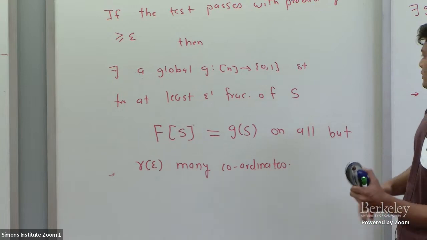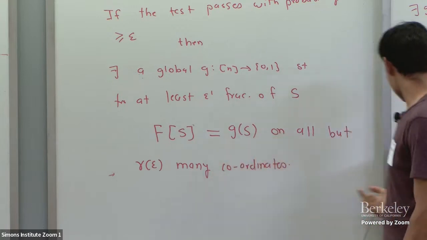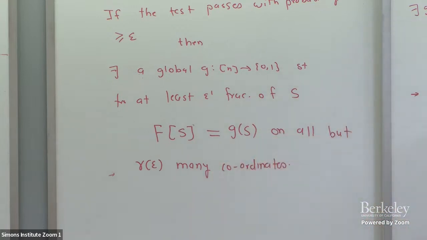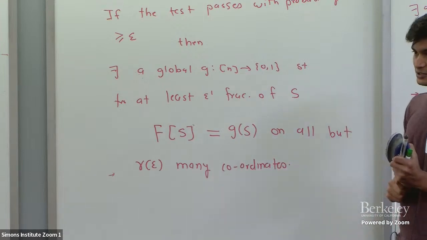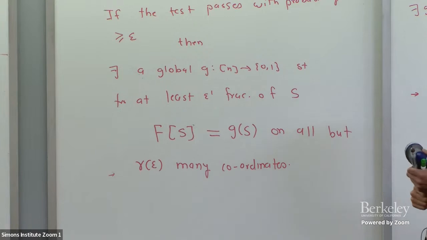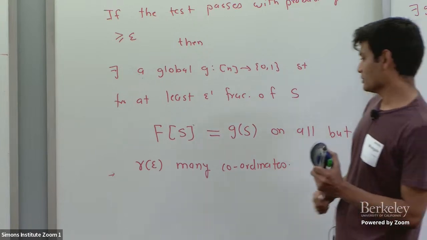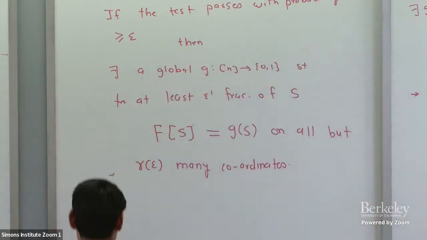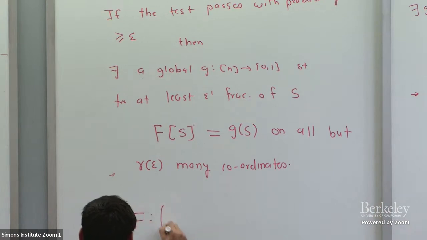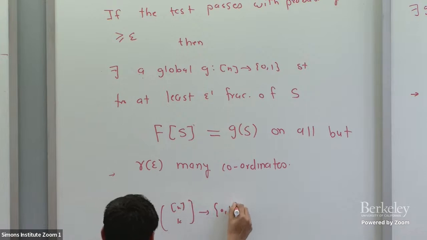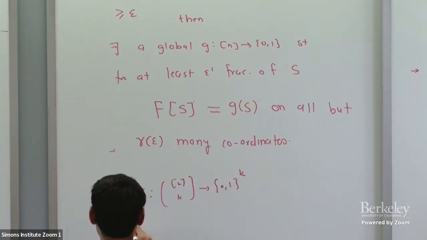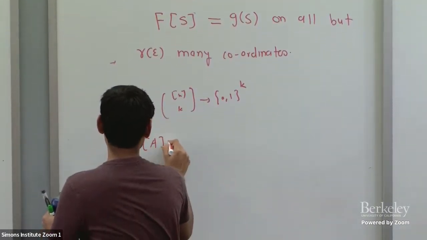And you cannot really hope for such a stronger statement in this regime. The example is very easy to construct, so maybe I can just state that example. You can define a table from n choose k to {0,1}^k, where f of A is used.